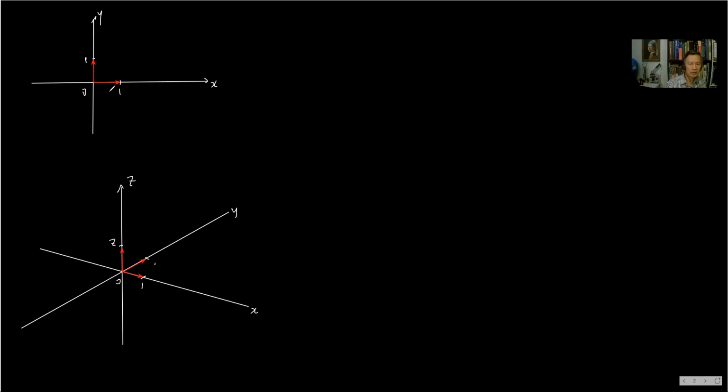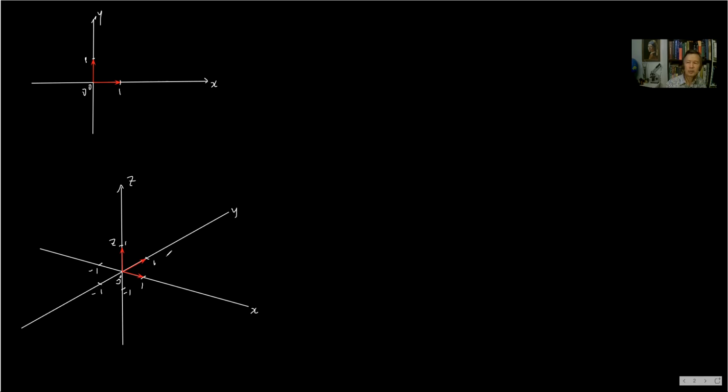So this is the origin, you see? Just get familiar with the notation. This is y equal to 1, this is y equal to +1. Of course, this is y equal to -1, this is x equal to -1.